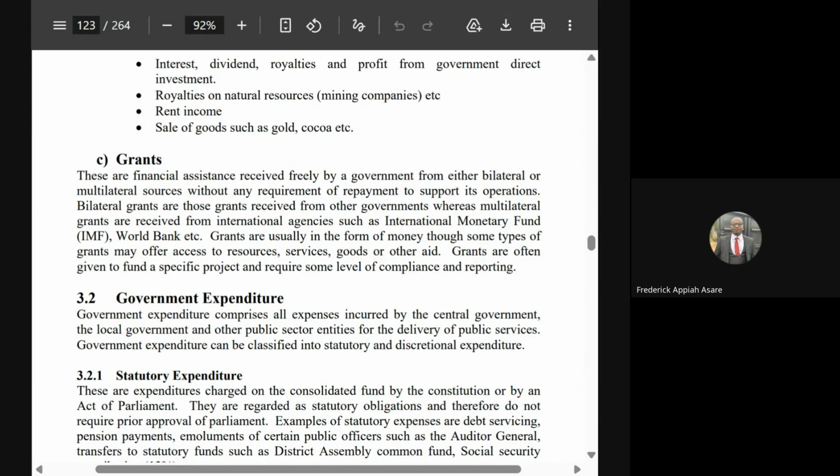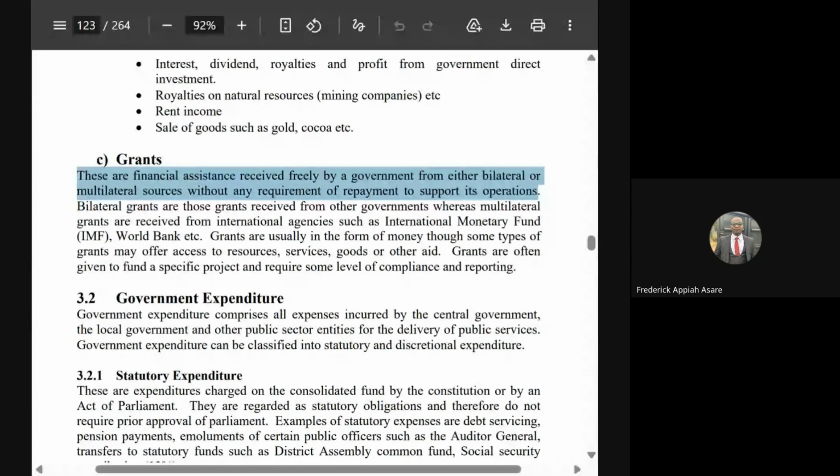These grants are financial assistance received freely by the government from either bilateral or multilateral sources without any requirement of repayment to support its operations. So for grants, when they receive them, they are not going to pay anything in relation to it. For instance, if the government of China decides to give us money, it's a grant without expecting us to pay back. That is a grant.